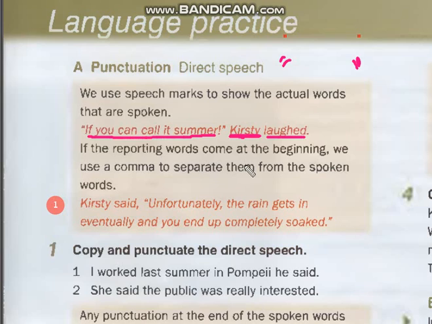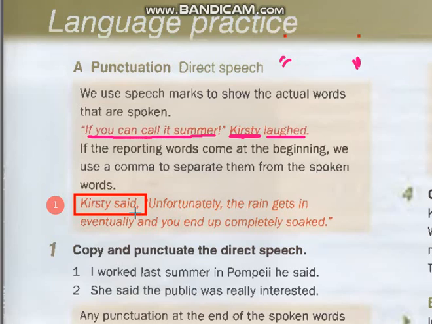Look here is a comma and then we wrote the spoken words. Okay, this is the idea number 1. Number it in your notebook. Here is the first idea, which is to add the comma if the reporting word said or wondered or asked.